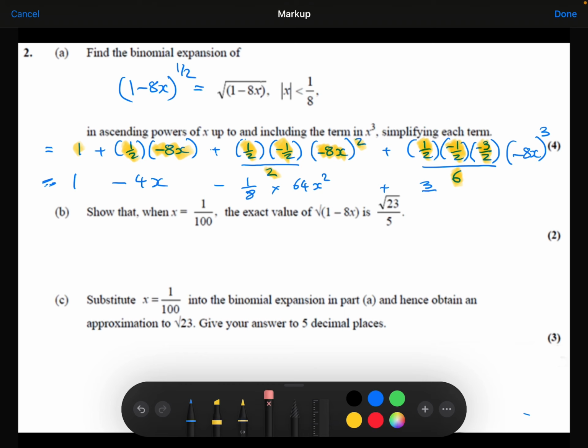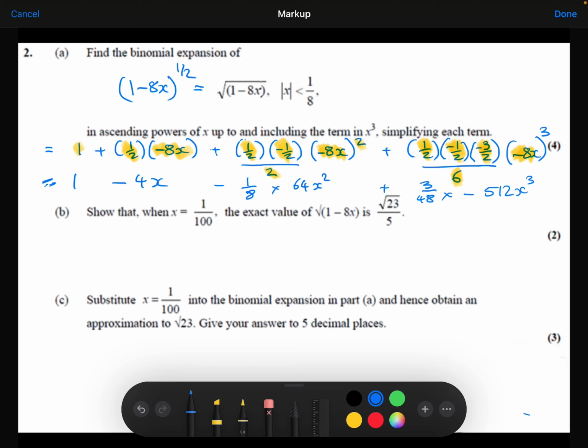So dividing that by 6 will actually be 3 over 48, or 1 over 16 if you prefer. I'm not finished simplifying yet though, because we still have to do the minus 8. The minus 8x times minus 8x times minus 8x is going to give minus 512x cubed.